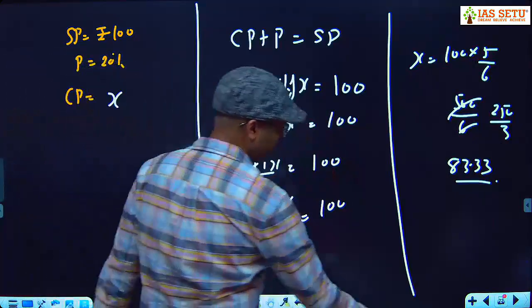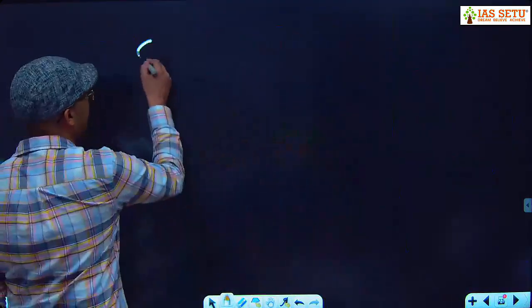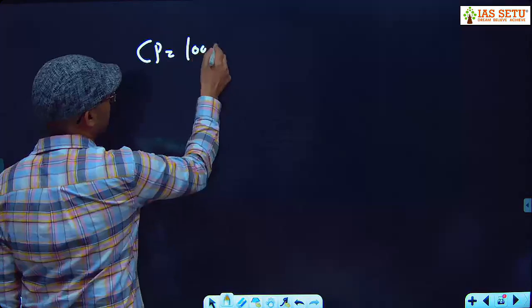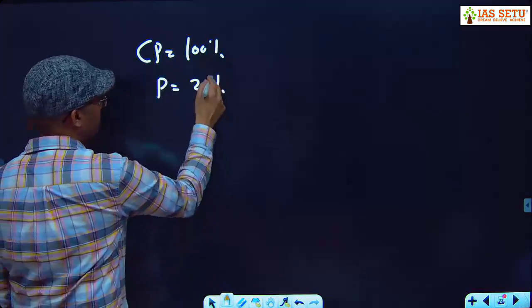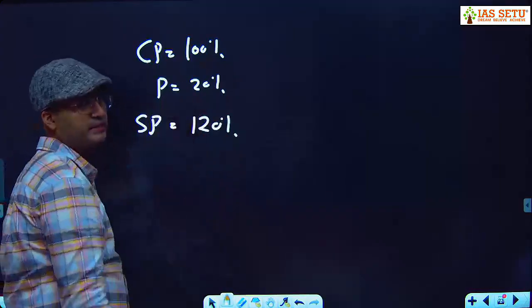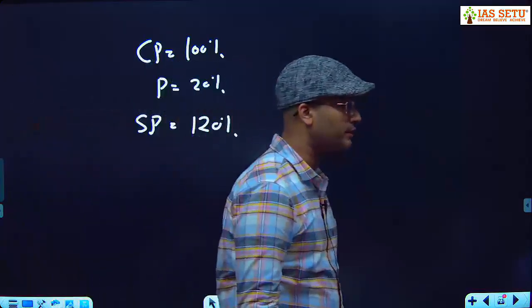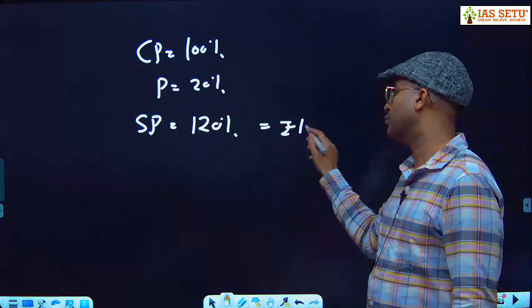Method 2. Percentage method. In the percentage method we take cost price as 100%. Profit percentage we add, and we get selling price as 120%. In percentage, selling price is 120%. But in rupees, selling price is 100 rupees.